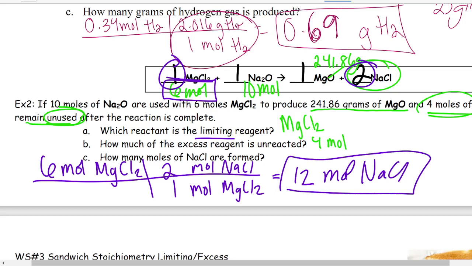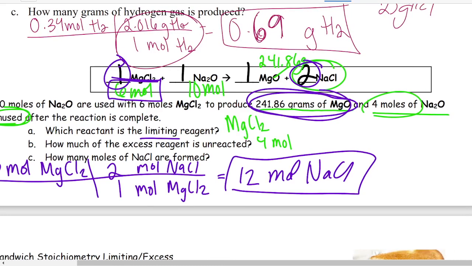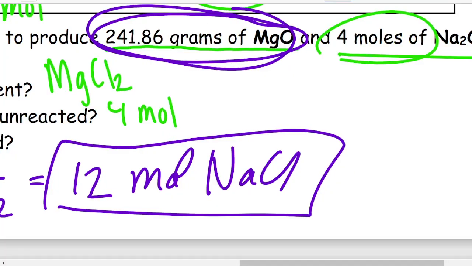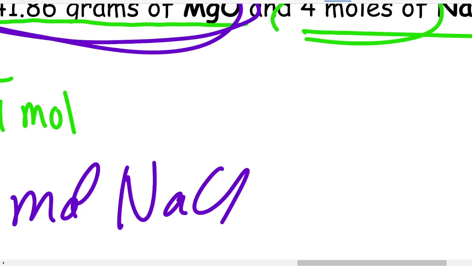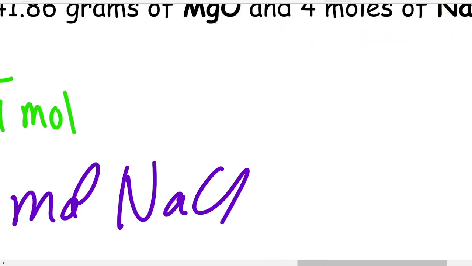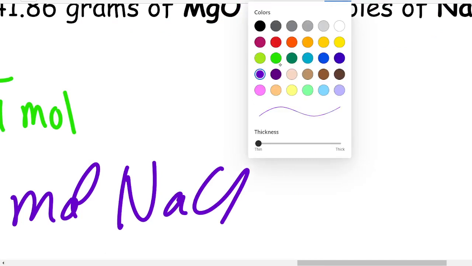You could also use the mass of magnesium oxide to figure out how many moles of NaCl are produced, so you would end up getting the same answer. If you chose to do it that way, I'm going to zoom in a lot so I have more blank space and then erase some of these scribbles so that we're not getting all confused here. Just to show you what I'm talking about.